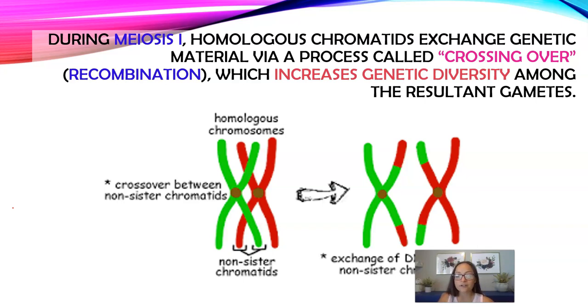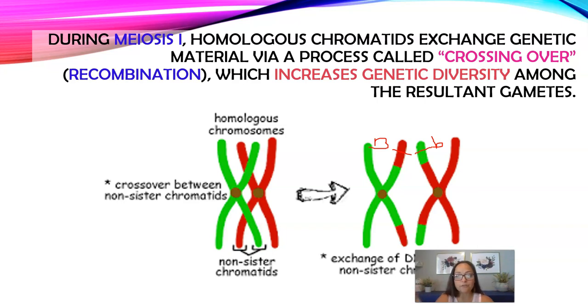Now, crossing over hopefully only exchanges homologous segments of DNA. So right here, if this was the allele for eye color, maybe brown eyes, a dominant allele, and over here is an allele for blue eyes, if it exchanges that set of DNA, it's the same set.